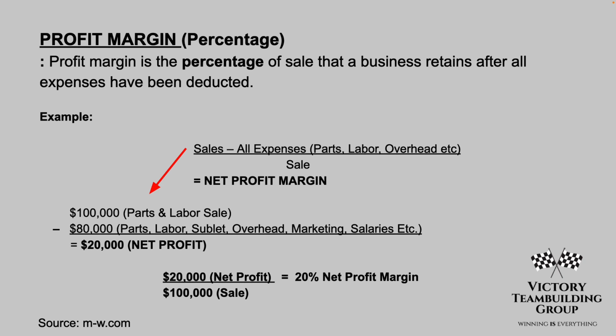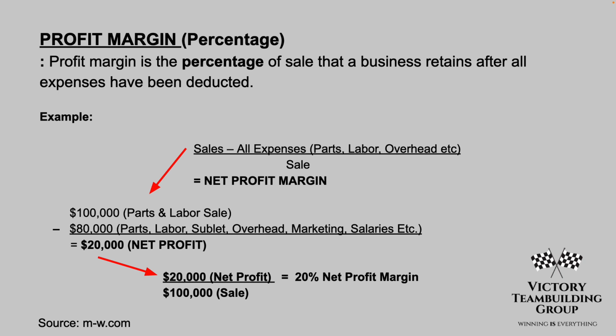You have $20,000 in net profit left. So $100,000 in sales with all of your expenses, you have $20,000 in net profit. Now, if we take that $20,000 in net profit and we divide it by the $100,000 in sales, that gives us a 20% net profit margin.